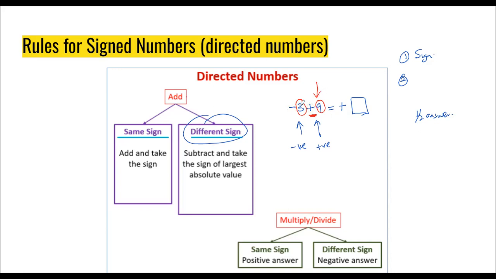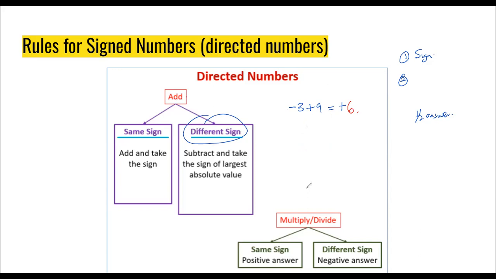So if I subtract 3 from 9, what will I get? 6. Right? So now that I know I'm going to get 6, I've already worked out what my sign is. The answer is going to be +6.